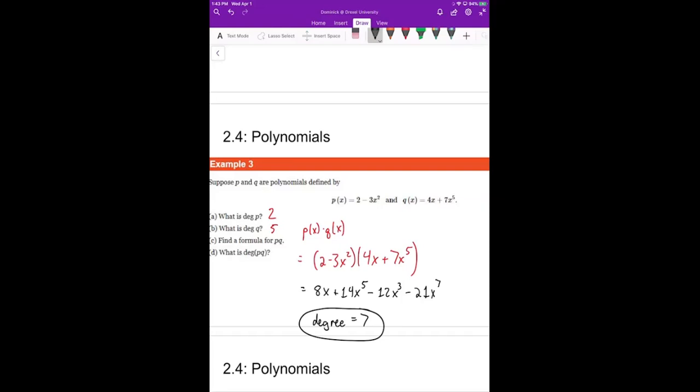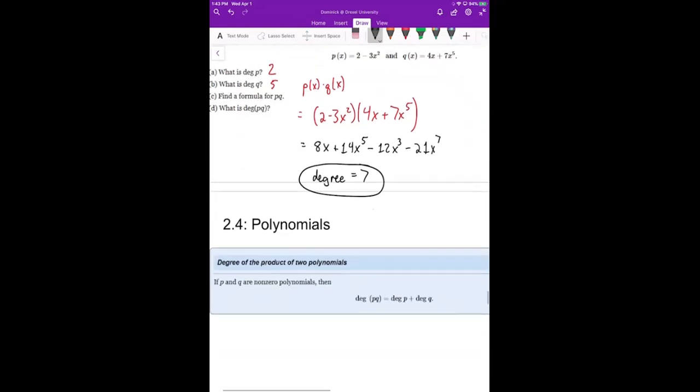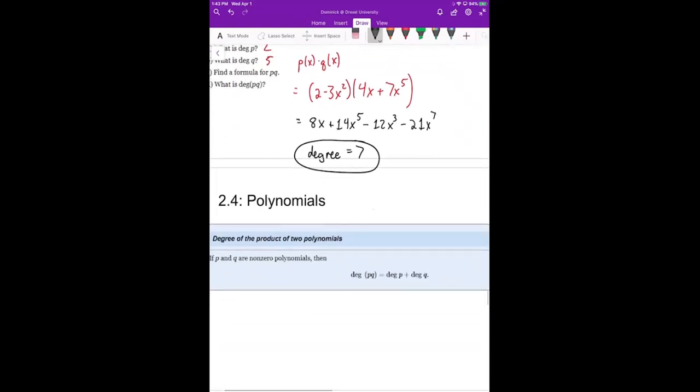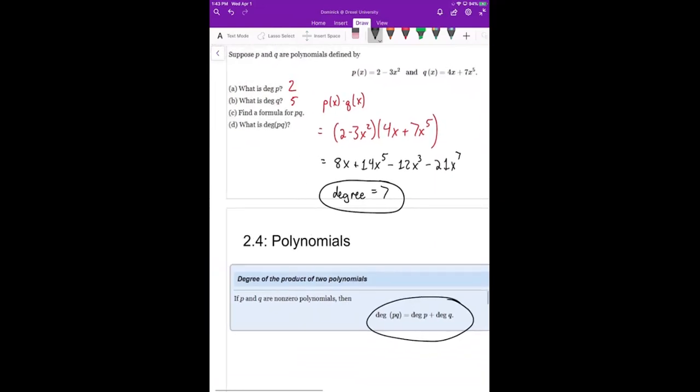So how does that relate when we multiply? If we multiply two polynomials, then we add the degrees of each to get the new degree. See, before, the degree of p was 2, the degree of q was 5, and when we add them, we get 7, which is the degree of what we get when we multiply p and q together.